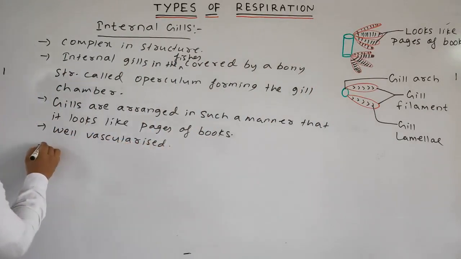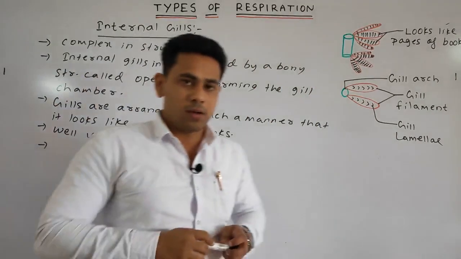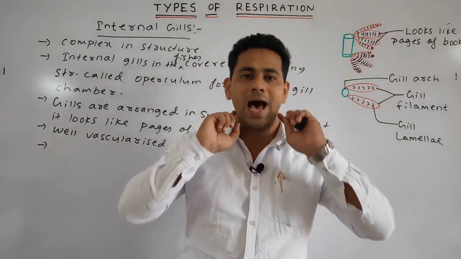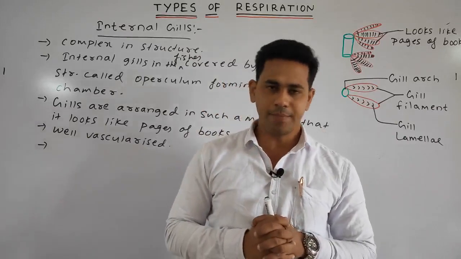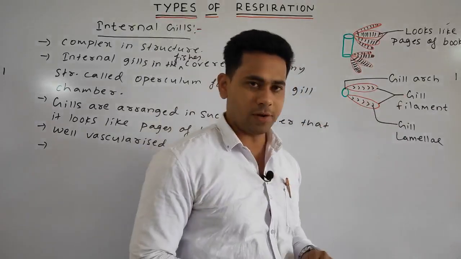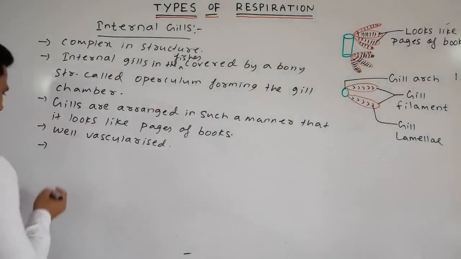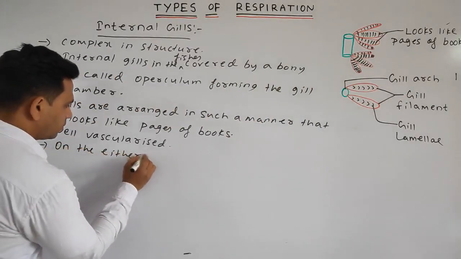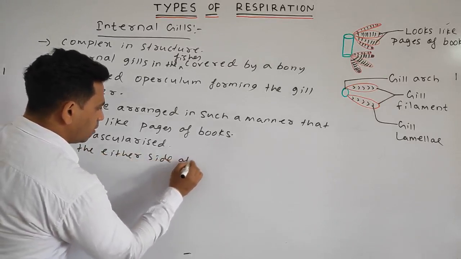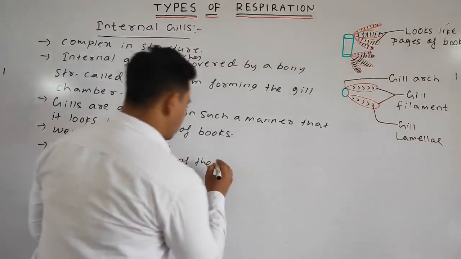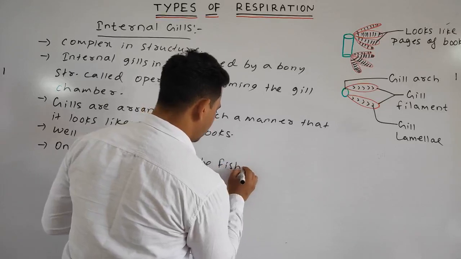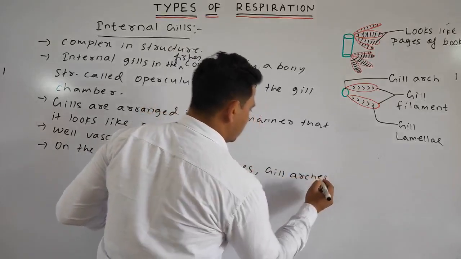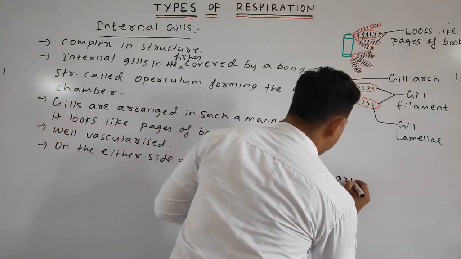Okay. Next point, on either side of the fishes, the gill arcs are present. The gill arcs from which the gill filament arises. So we can write our next point, on either side of the fishes, gill arcs arise.